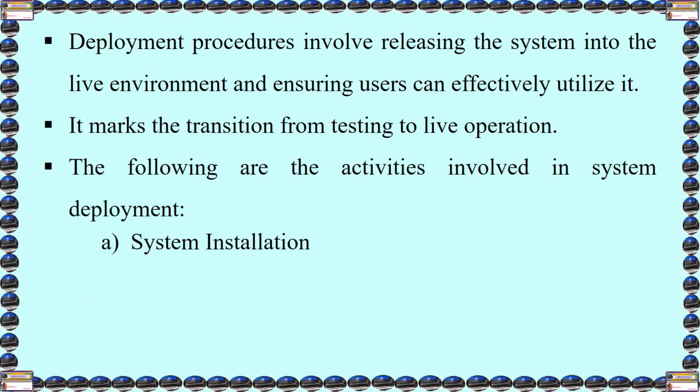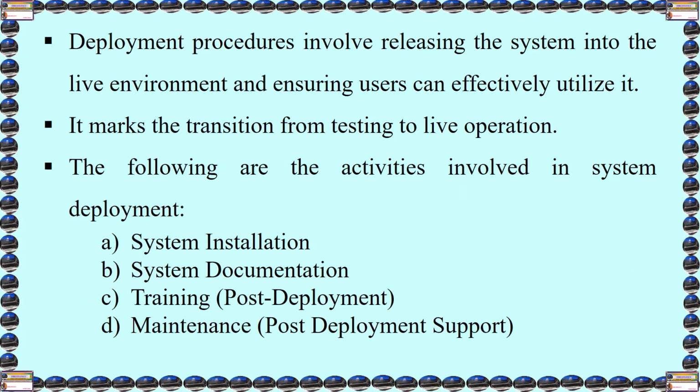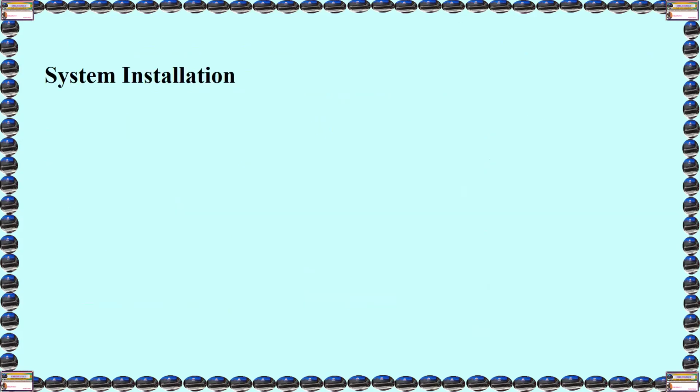Number 1 is system installation. Number 2 is system documentation. Number 3 is training. And number 4 is maintenance, or what we call post-deployment support. Let us now look at each of these activities or steps one at a time.